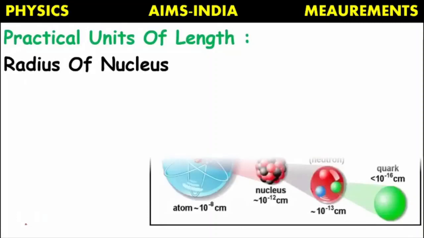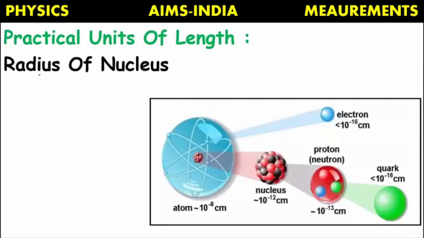Next, the third one. Suppose we want to measure the radius of a nucleus. We know about the atom. Inside the atom, we will have the nucleus. Inside the nucleus, we will have protons and neutrons, and inside them, subatomic particles like quarks.